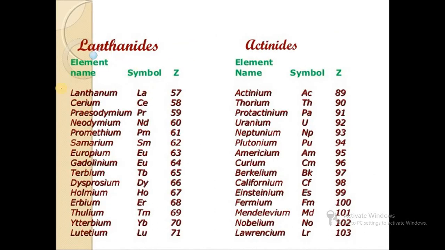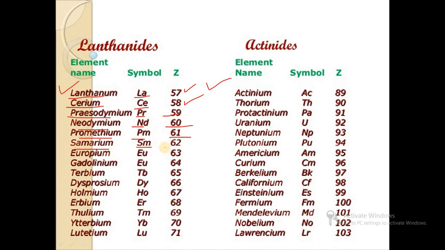Lanthanides contain 15 elements and actinides also contain 15 elements, but in this video we will focus on the lanthanides. Lanthanum, symbol La, atomic number 57. Cerium, Ce, 58. Praseodymium, Pr, 59. Neodymium, Nd, 60. Promethium, Pm, 61.